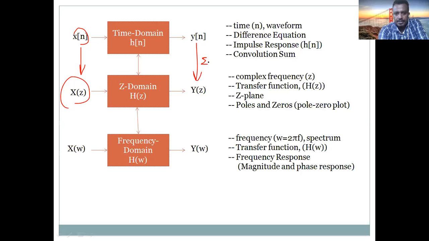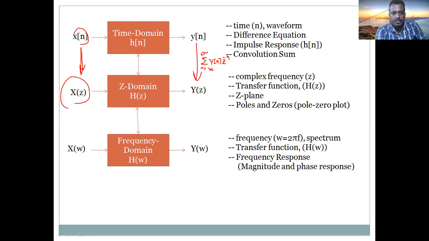Summation of y of n z to the power of minus n, from minus infinity up to infinity. This is the Z transform we have discussed previously, right? So in this manner, y of n is transformed to y of z.